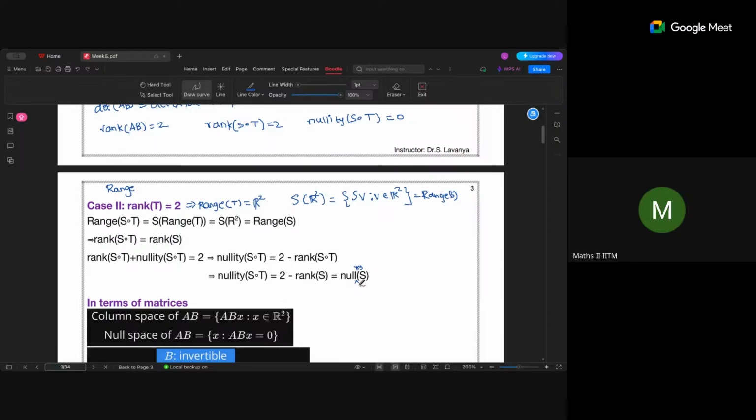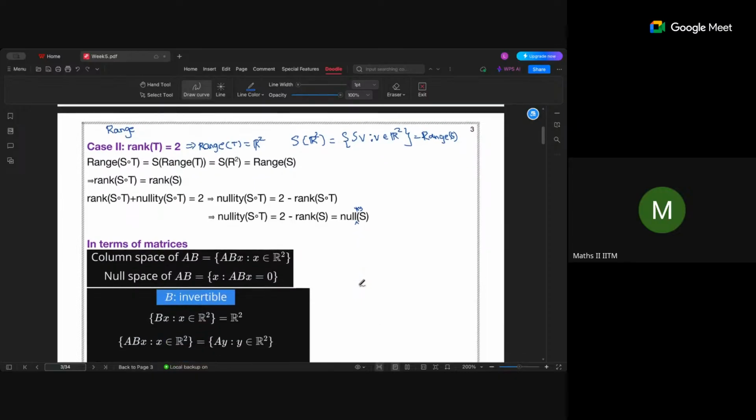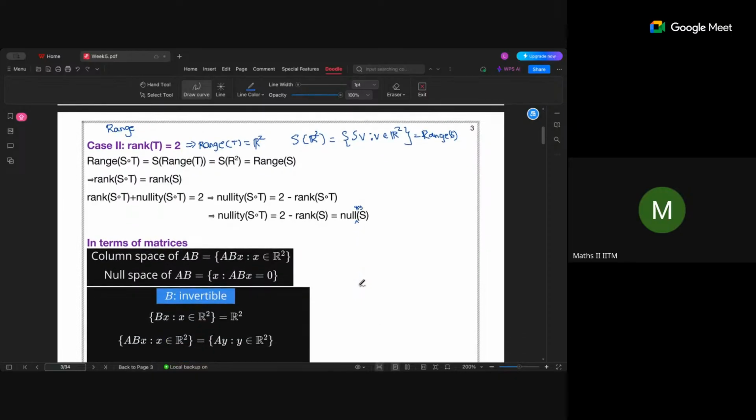Okay, fine. So now we will see some relation between the composition of transformations in terms of matrices. We will look at the relation between the null space and column space of AB with the null space or column space of A or B. So what is the column space of AB?